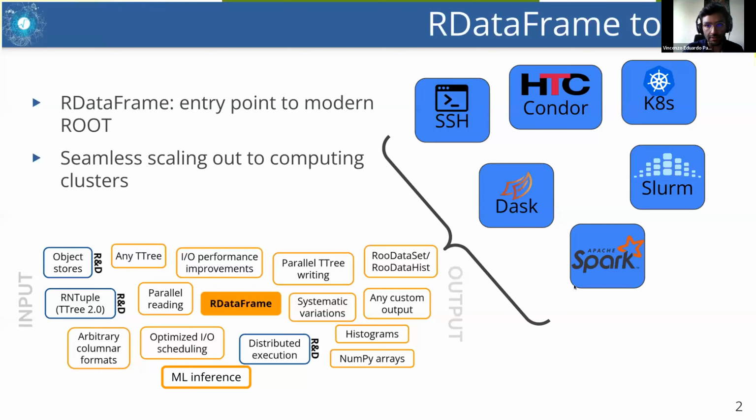Here on the slide, I just summarize some of the deployments that you could think about when using distributed RDataFrame. In particular, we have two main execution engines, either Dask or Spark. Definitely the former is the more popular one nowadays.